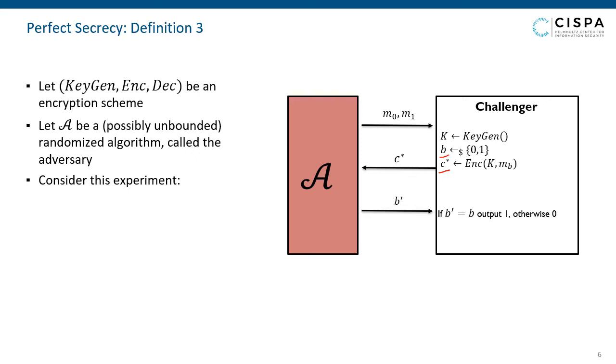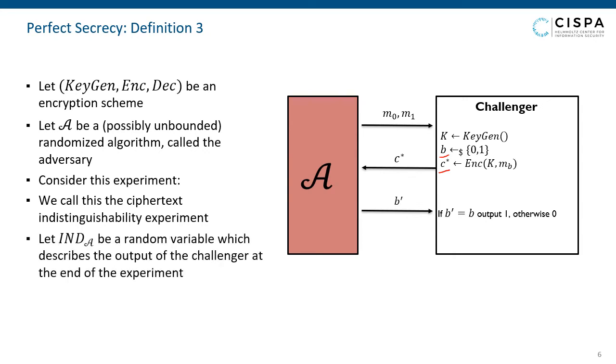Otherwise, if B prime is not B, the adversary loses. So we call this the ciphertext indistinguishability experiment. And from now on, we let Ind A be a random variable which describes the output of the challenger at the end of this experiment.